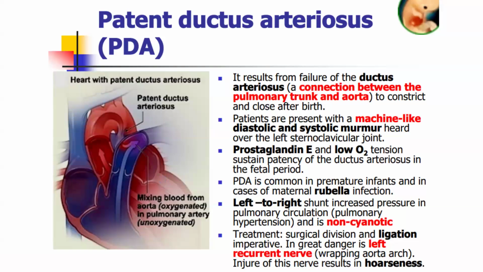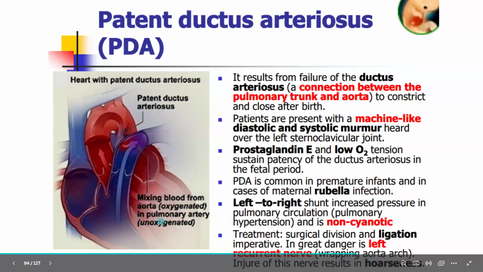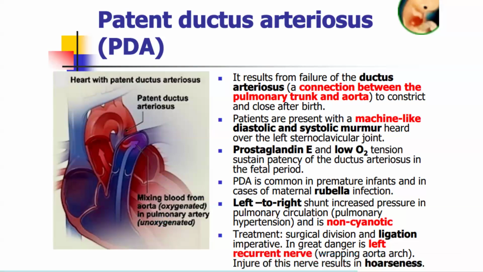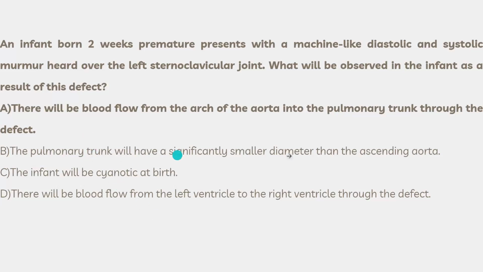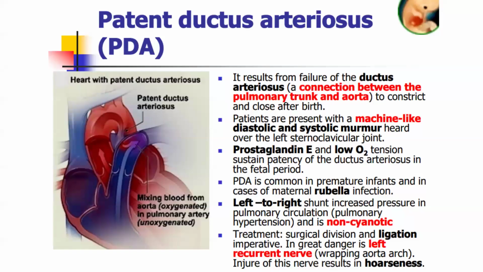There is mixing, but not enough to lead to cyanosis. And B, I think it's referring to stenosis. It has nothing to do with this question. So what gave away this question is the machine-like diastolic and systolic murmur. It's unique to the patent ductus arteriosus. Is that clear?